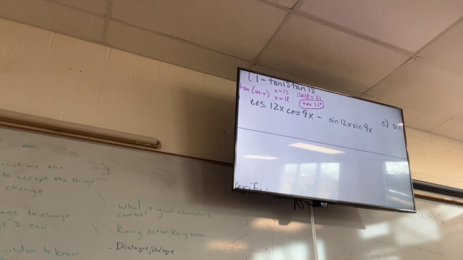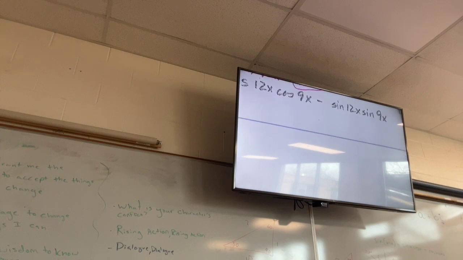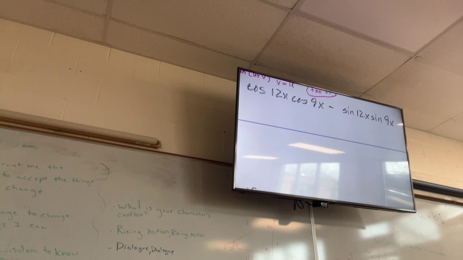Cosine 12x, cosine 9x, minus sine 12x, sine 9x. Okay. So looking at my identity sheet, which one has two terms? There are two cosines on the left and two sines on the right, and they have a minus in between them. That's not plus. Yeah, cosine of u plus v. Exactly. Okay.